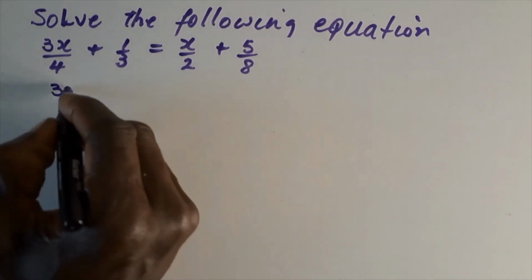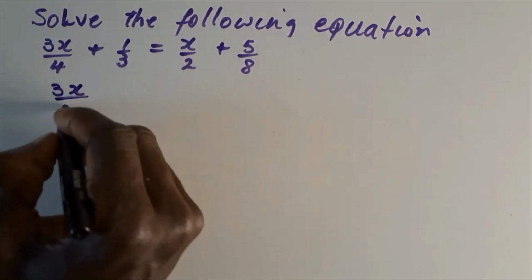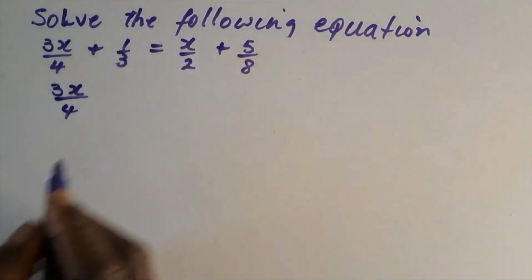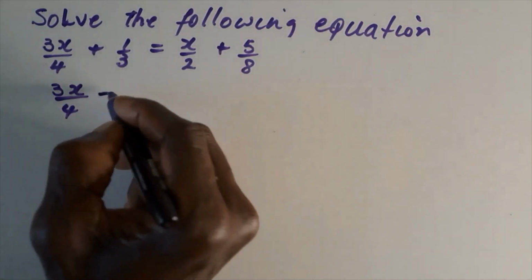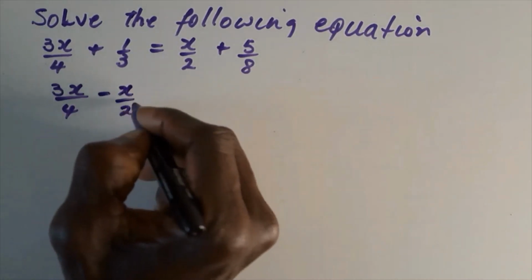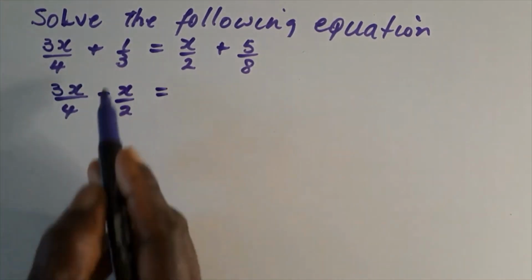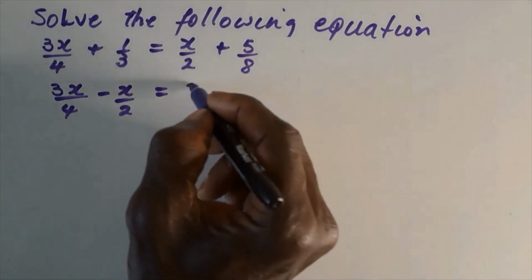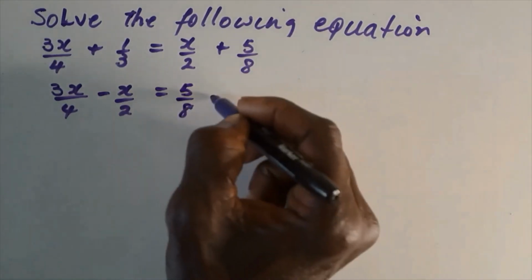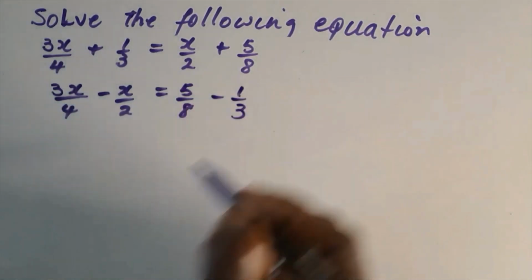So our first step is to take the x over 2 onto the left. It becomes minus x over 2. And at the same time, we take the third on the right here over to the left, and then we have minus 1 over 3.